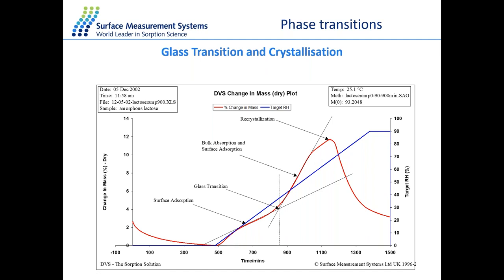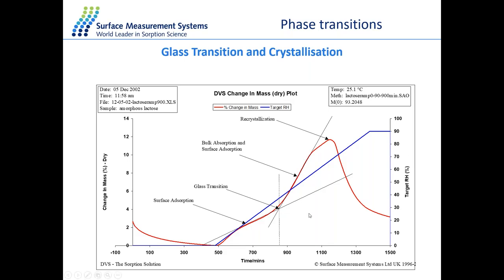Now, picture a sample that has no structural changes, a sample that is very stable, for example silica gel. It will absorb water as soon as it's exposed to water, as much as it can. So if you have a material like that that doesn't have any structural changes and you introduce water, the mass of the sample will increase in a parallel line.